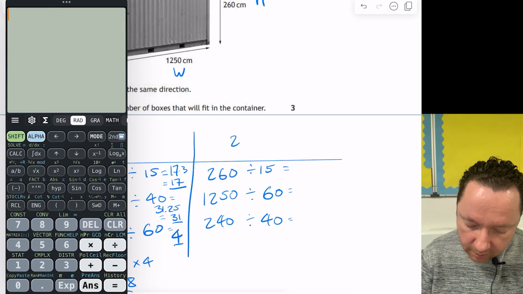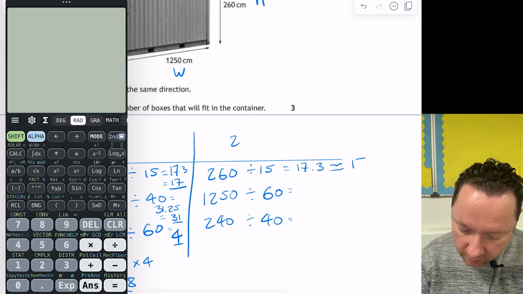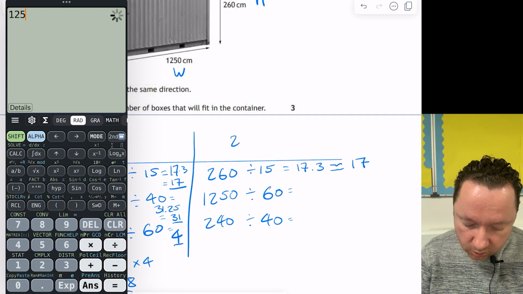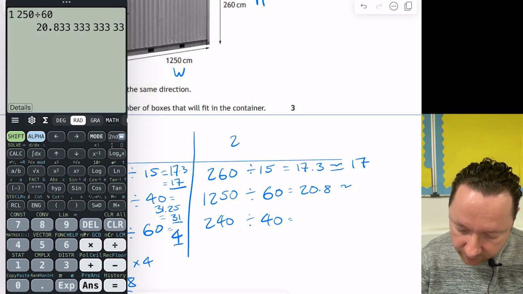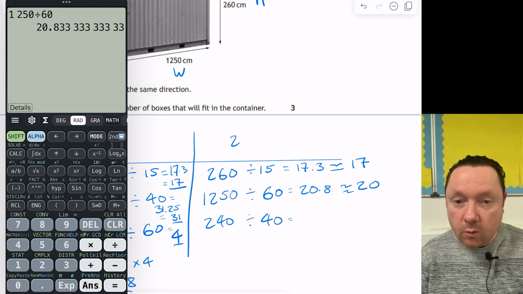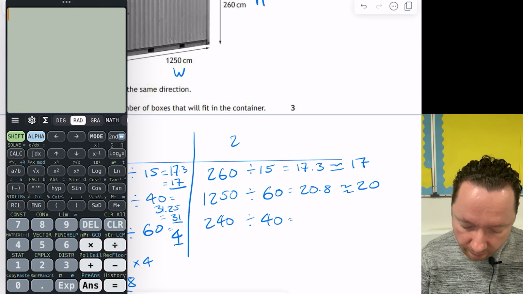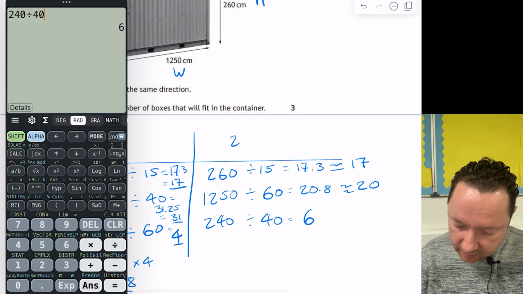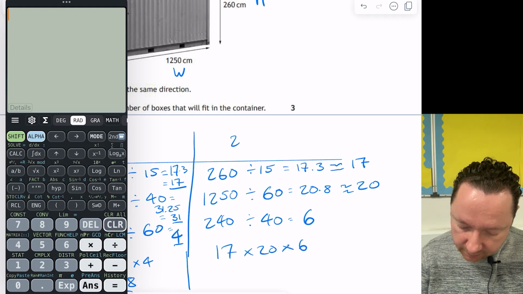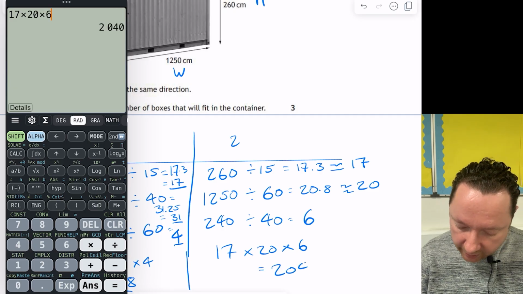Move to the other side. We already know 260 divided by 15 is 17.3, which is about 17. 1250 divided by 60 is 20.8, which is about 20, not 21, because you can't fit any extra in, so you have to go for the shorter, 20. 240 divided by 40 is 6, so my three numbers for this side are 17 times 20 times 6, which is 2040.